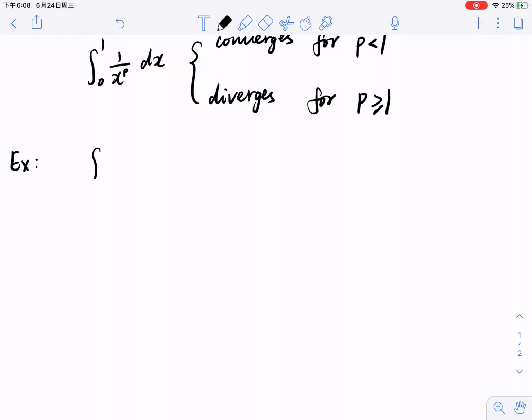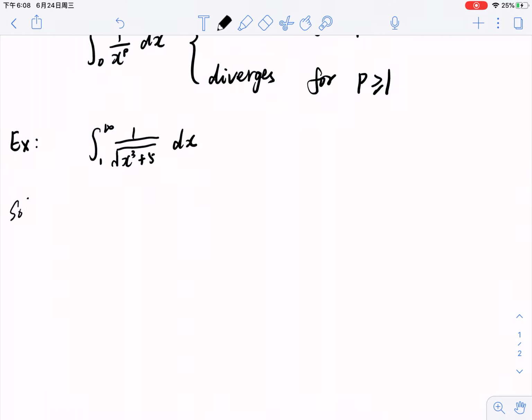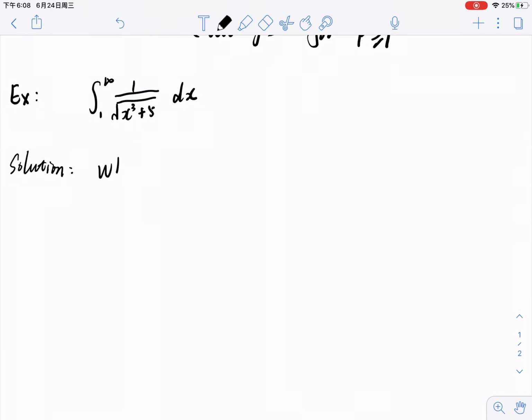We look at the integral of 1 over the square root of x cubed plus 5, from 1 to infinity, dx. When x is very large, x cubed plus 5 is also very large compared with 5.